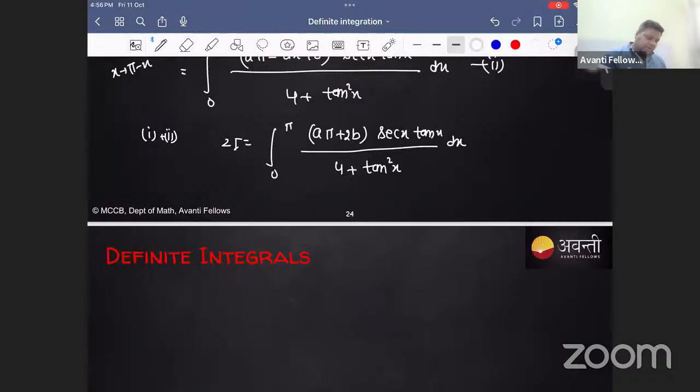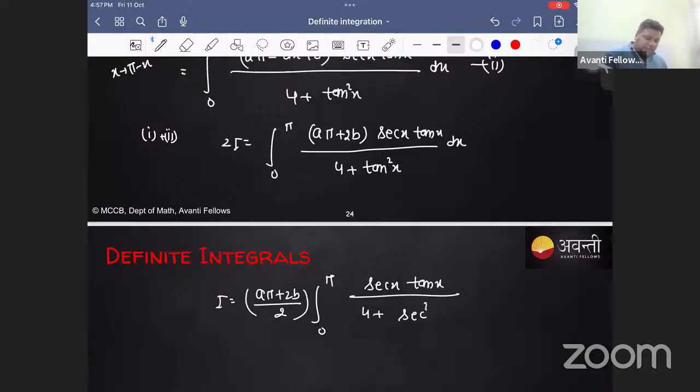Got it? So I is what? A pi plus 2b upon 2 integration 0 to pi sec x tan x upon 4 plus this tan square x I can write secant square x minus 1 dx. Clear?